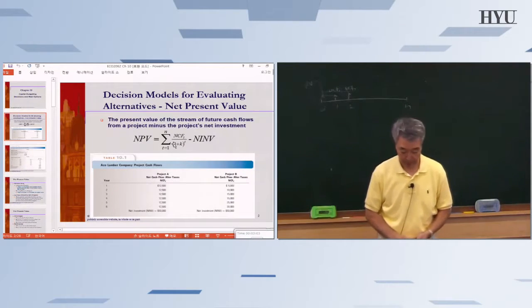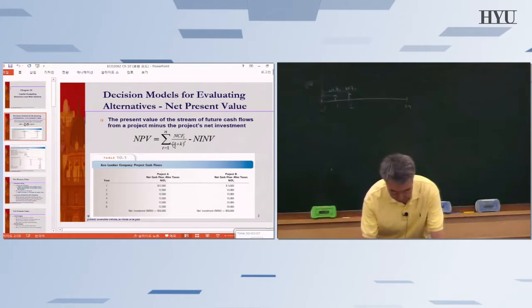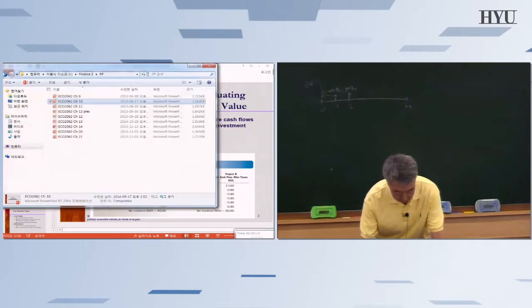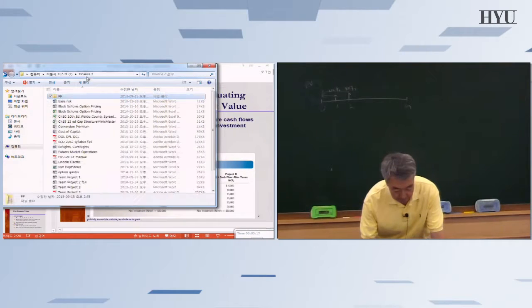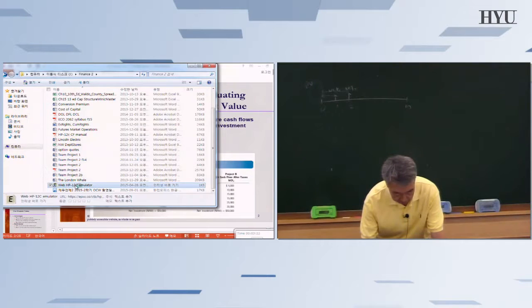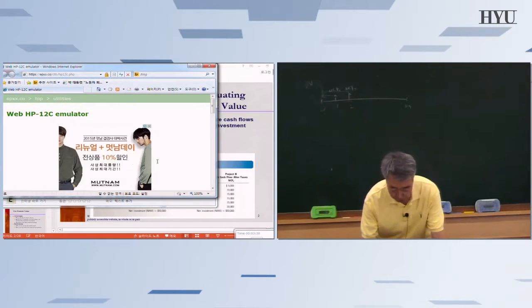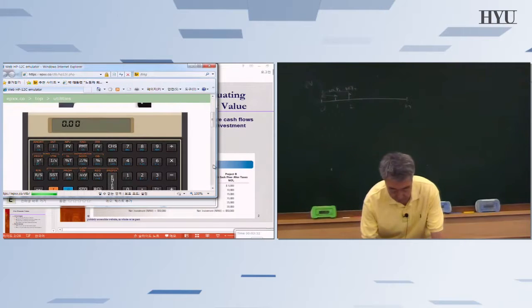Well, let me show you how to use the calculator to come up with these values easily. I think Unji showed us how to do that last week, right?